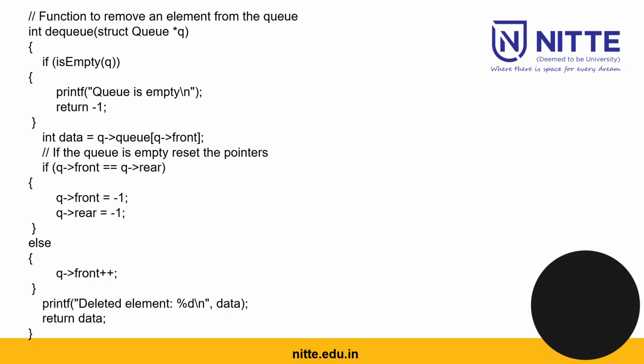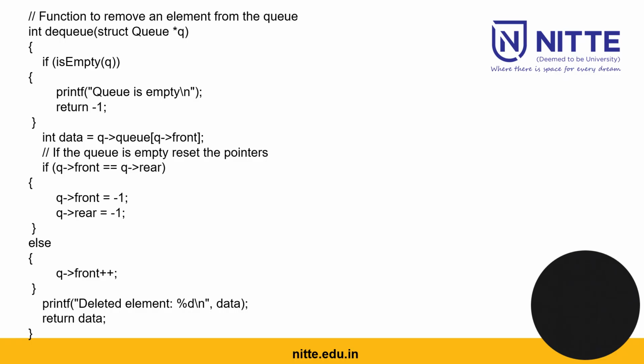From the queue at front. The queue is in the form of an array. So the value at q->queue[q->front], which is at the front, will be assigned to data.